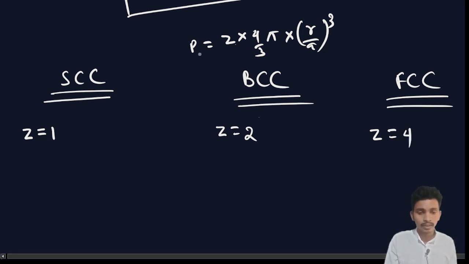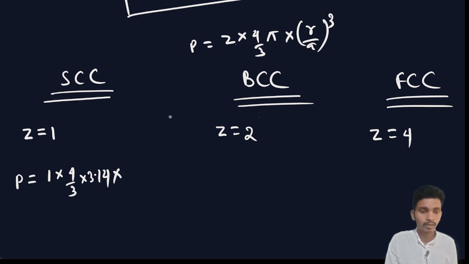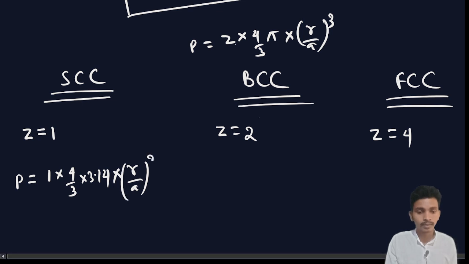Now use this formula for each. For SCC, the packing fraction will be Z is 1 into 4 upon 3, and pi is 3.14, into r upon a whole cube.